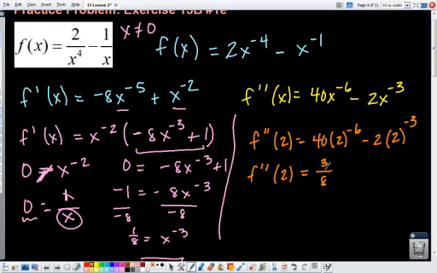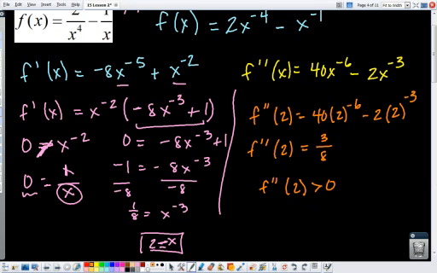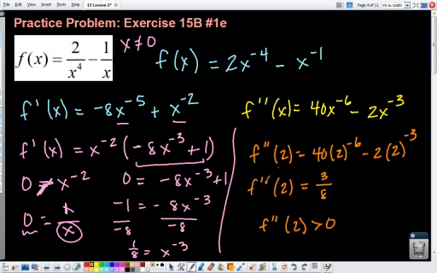Okay, so what this tells me is since f double prime of 2 is greater than 0, I have a minimum at 2. So to find where that minimum is, I'm going to plug 2 into my original equation.